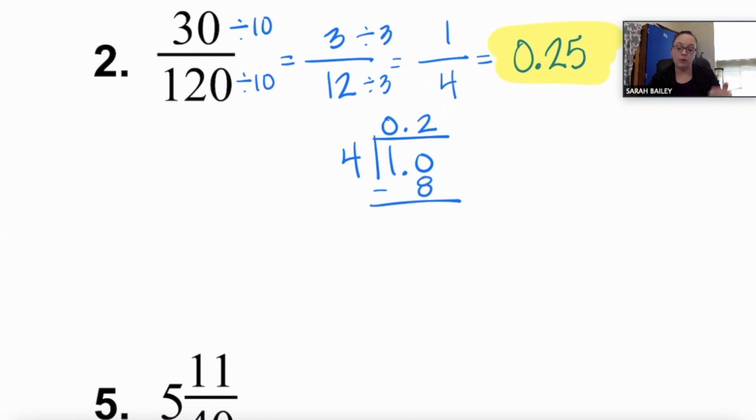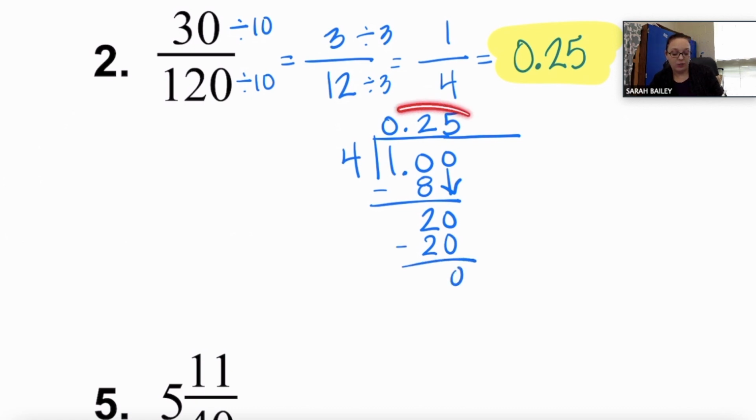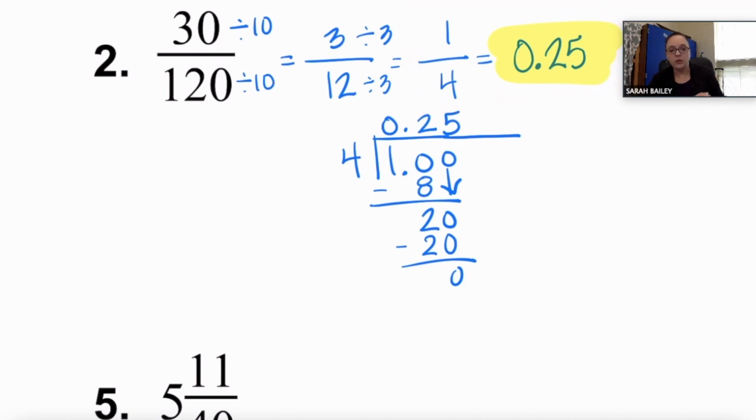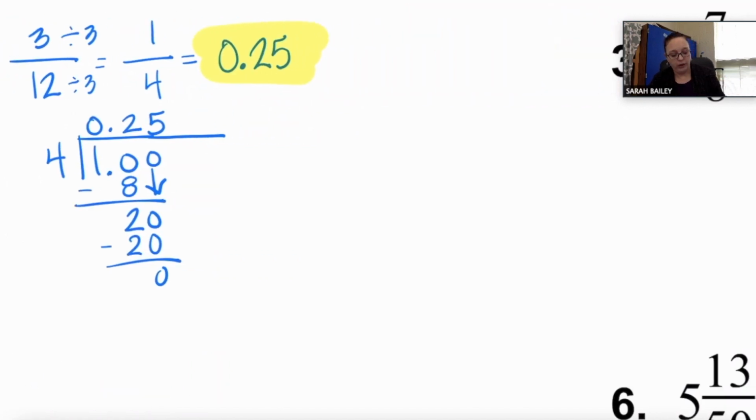So now I'm doing 10 minus 8, which is 2. 1.0 and 1.00 are the same. I've not changed the value. So I'm going to bring that 0 down. 4 goes into 20 5 times. 5 times 4 is 20 with none left over. So yes, we see, even when we divide, that's where we got the 0.25. But as I was saying, a lot of people already have this fraction decimal equivalent memorized. Okay, let's look at number 3.